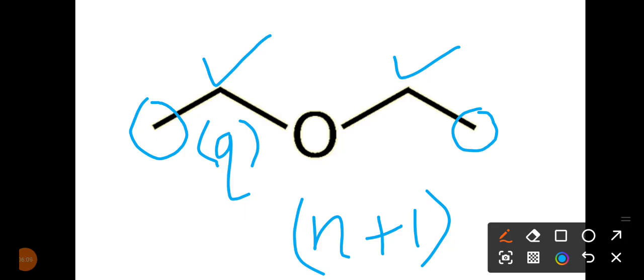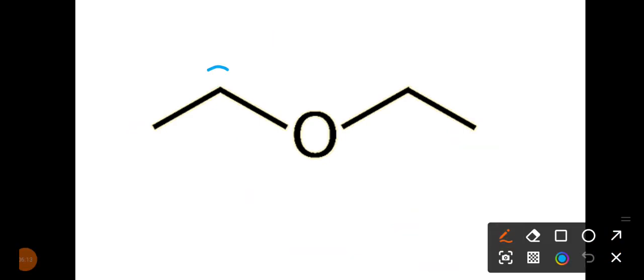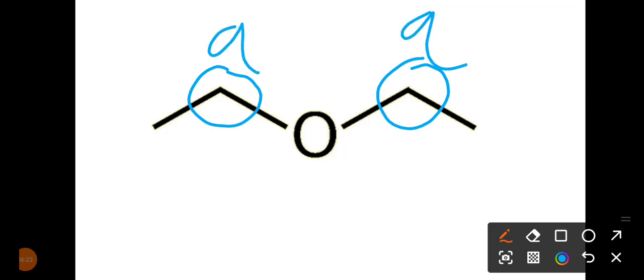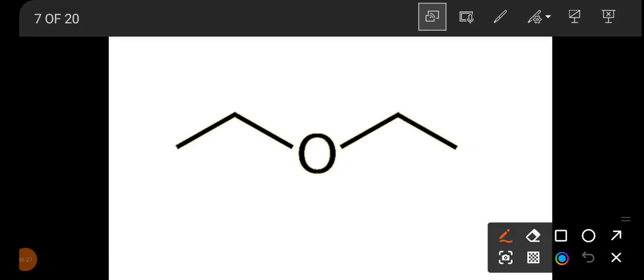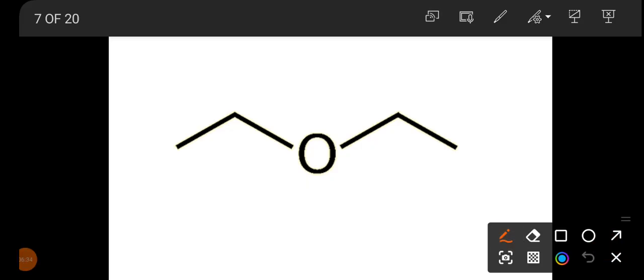Similarly for this one, what is it showing? That is showing a quartet, and for the CH3 this one, it is showing a triplet.